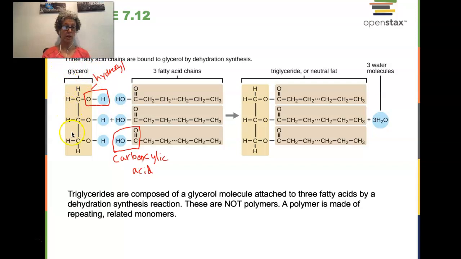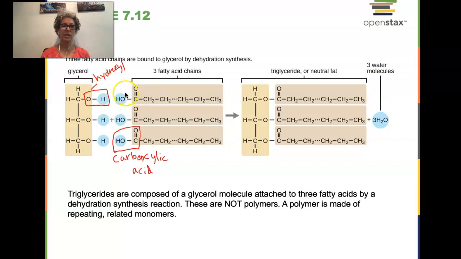And a glycerol is a 3-carbon carbohydrate. Each glycerol has 3 hydroxyl functional groups. Each fatty acid has its own carboxylic acid functional group. Part of that is an OH, and that is where we get the dehydration synthesis.